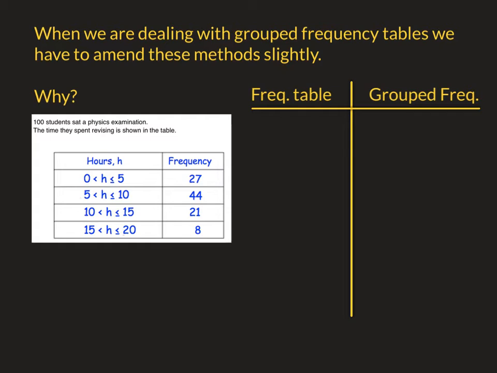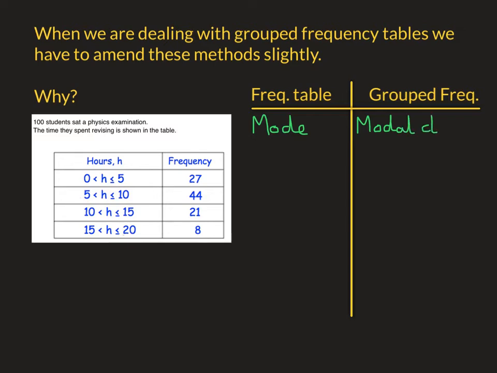All right. So let's take a look at each of the statistics we took from the original frequency tables and see how they change when we're dealing with grouped frequency instead. Let's go for the first one. When we had a frequency table, we were able to quite easily work out the mode. And like I've just said, we cannot work that out here because we don't know what those actual values are. So rather than finding the mode, we can find the modal class.